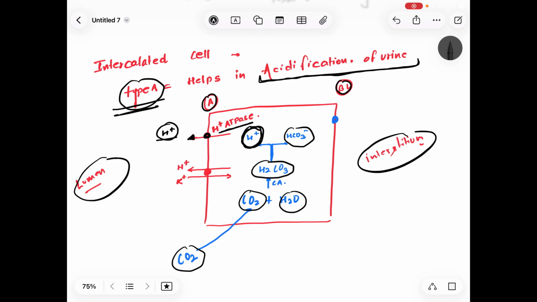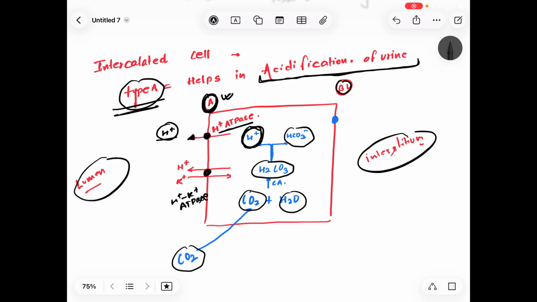And we have one more active transporter, which is called H plus K plus ATPase, in the apical membrane. It is important to remember that we have two active transporters here.